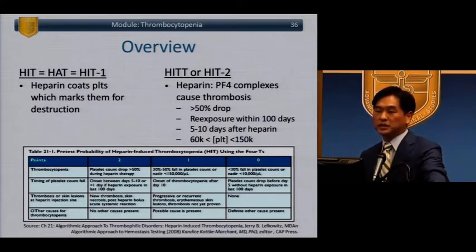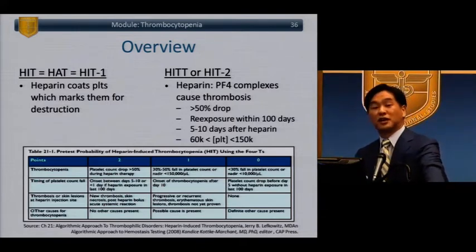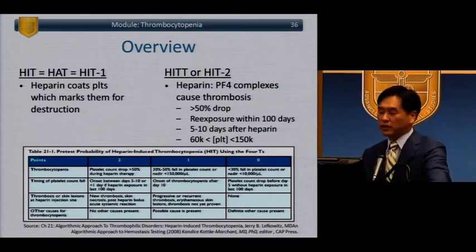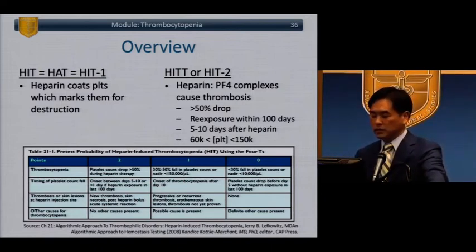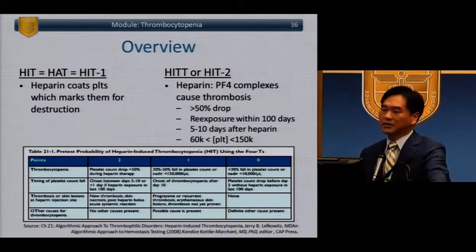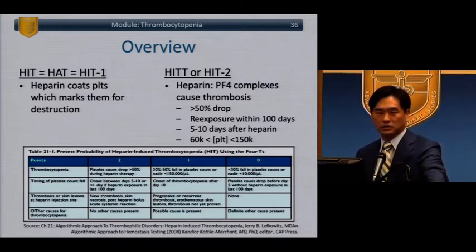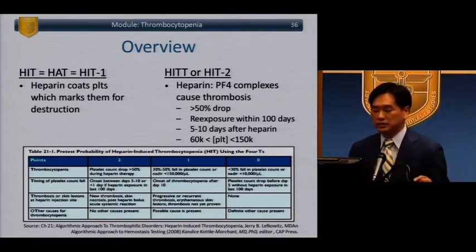So if the patient comes in with a platelet count of 250, and on post-op day 1 or hospital day 1, their platelet count is 50, it's probably not the heparin, unless they were transferred from another hospital, where they got heparin, and it just came to you. And severe thrombocytopenia is usually not HIT. Okay, so a platelet count less than 60,000, a platelet count of like 10,000 and so on and so forth, it's usually not HIT, usually something else.